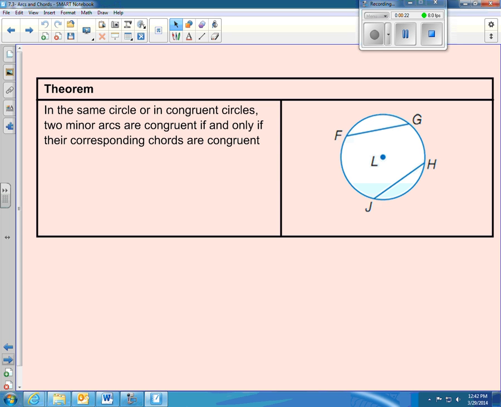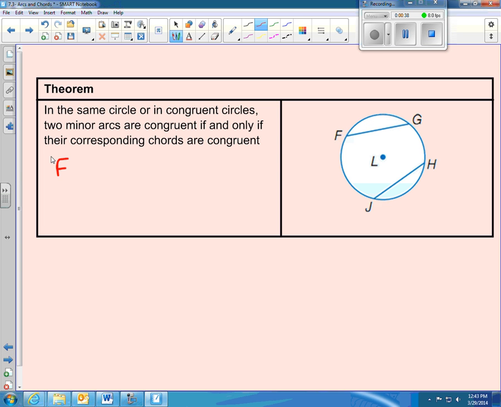In the same circle or in congruent circles, two minor arcs are congruent if and only if their corresponding chords are congruent. So this is either in the same circle or in two circles that we know are congruent. Let's use the example to the right.